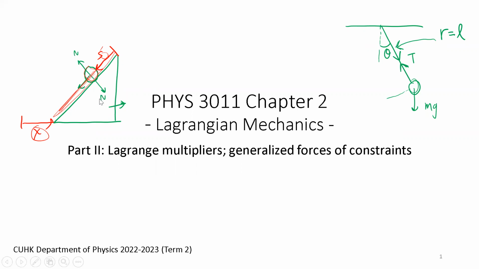For some practical reason, let's say I just want to know how much force is acted on this wedge by this ball. If you just use the Lagrangian mechanics that we just learned, you don't have that information. You're missing something. So then you actually have to go back to the Newtonian equations and find this force of constraint.